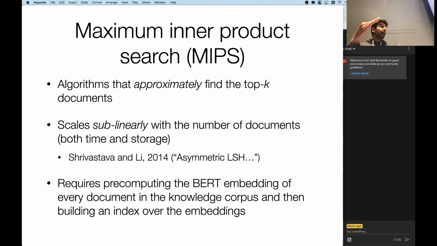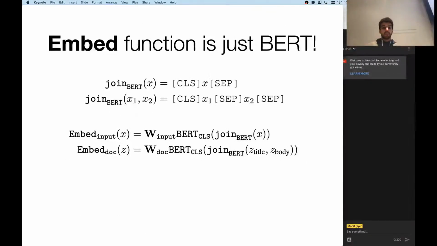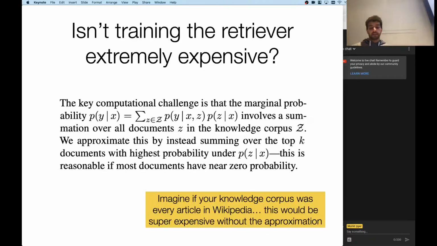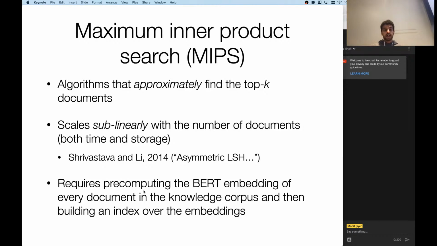That backprop goes all the way down into my document embedding and input embedding functions, which themselves are like transformer BERT-like models, right? And so now I've updated my document embedding model, but since I've changed it, I now need to re-embed all of the passages in Wikipedia, which is hugely expensive.